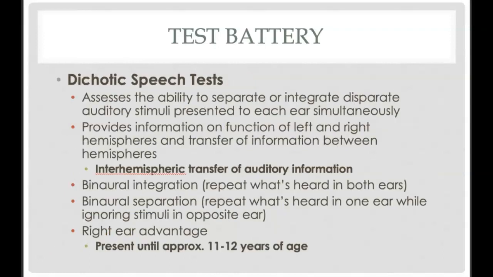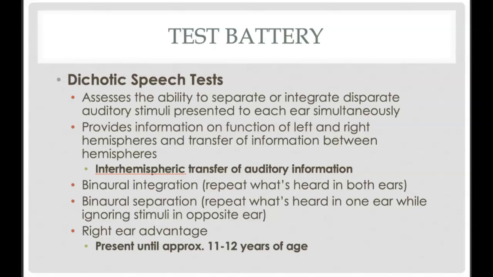Dichotic speech test. Now these are the ones that I mentioned where you hear two different words at the same time, one in each ear. And so when you do that, if you have to repeat both back, right? You need the right and the left hemisphere, the left hemisphere being more to produce those sounds that you heard, okay?